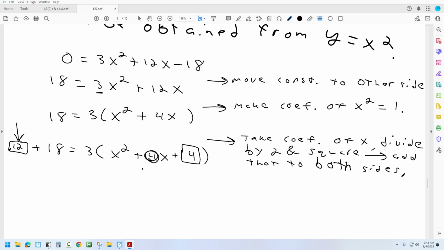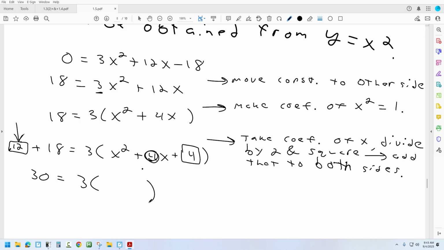And be very careful, if you did factor a number out, you may not be putting a 4 and a 4 on both sides. All right, so now let's simplify the left. We get 30. And now that is going to factor very nicely. That's the whole reason why we completed the square.